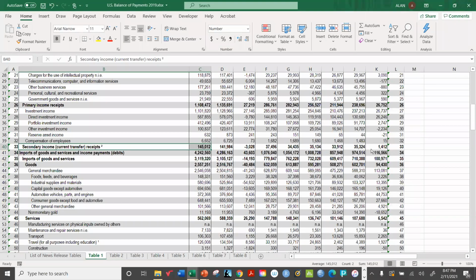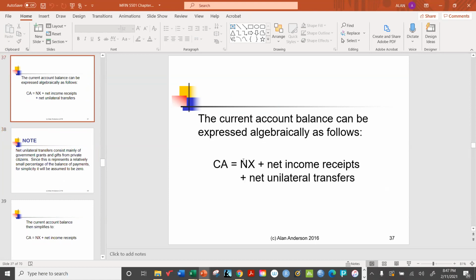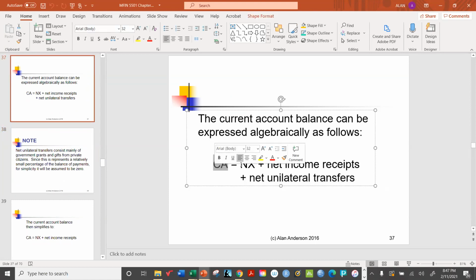Now, in this book, because this number is typically fairly small, the authors will usually just ignore the net unilateral transfers and essentially treat the current account balance as the trade balance or net exports, and then the net income receipts. They're sort of glossing over this one because it's usually a very small percentage of the total. Just to keep things simple, they're going to treat the current account balance as simply the sum of net exports and net income receipts.